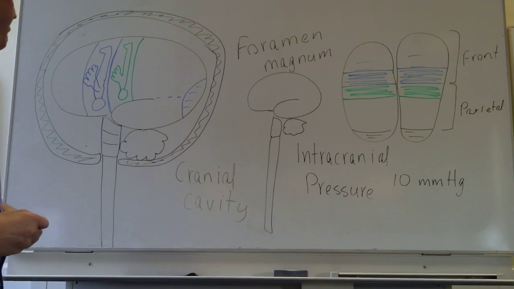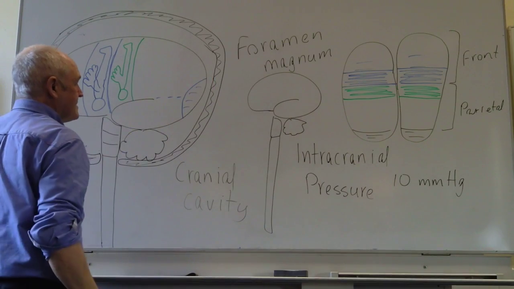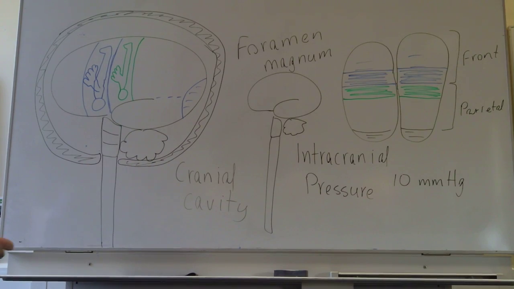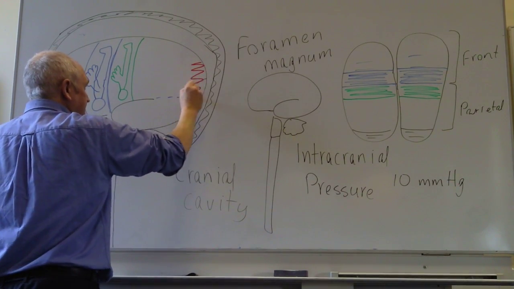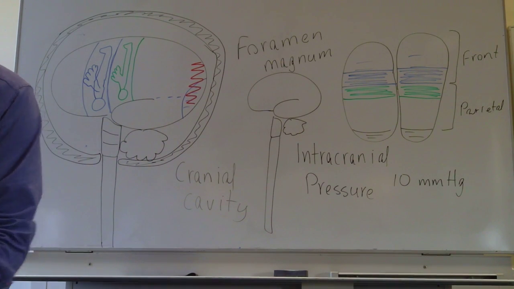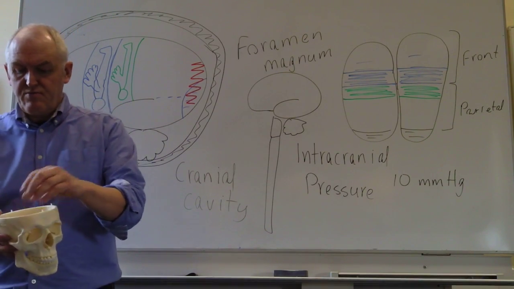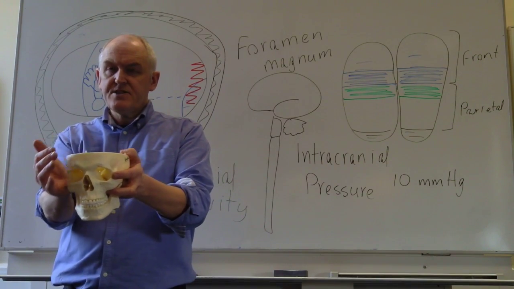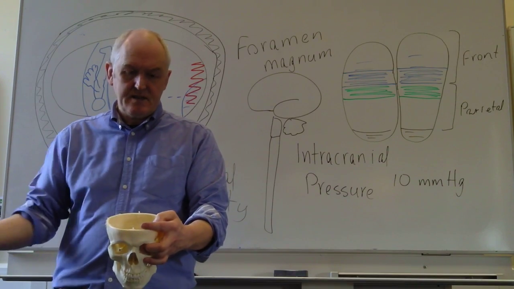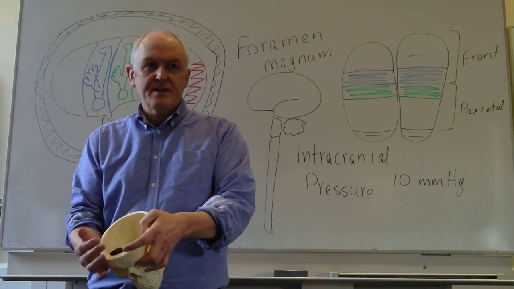So if the head gets bashed and the brain gets bashed inside, if someone gets hit on the head, can you see they could end up with a head injury in this area here? Because what can happen is, imagine, even though your brain's bigger than that, if you get hit on the side of the head, like this, whack, can you see that the side of the skull is going to bash onto the inside of the brain, isn't it?